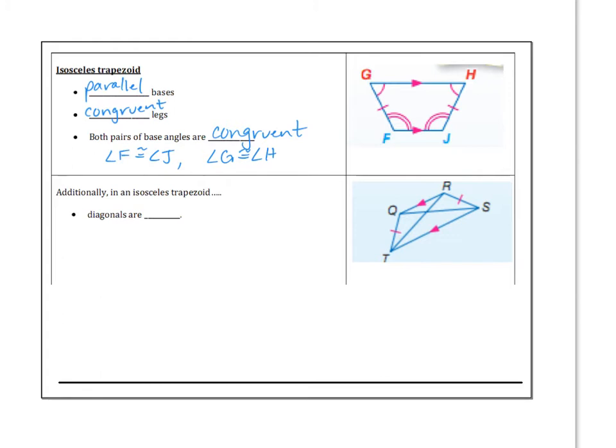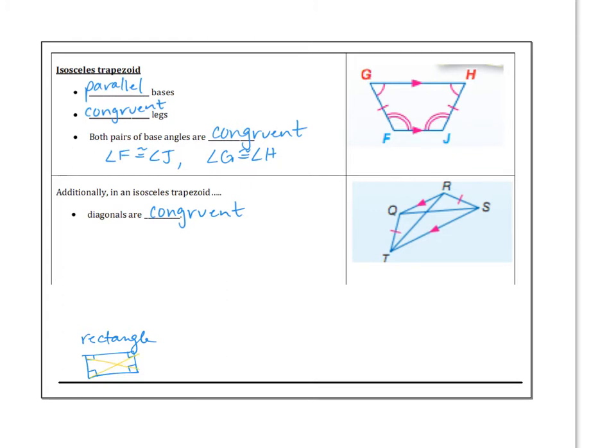Additionally, in an isosceles trapezoid, the diagonals are congruent. So we now have three shapes that have congruent diagonals. Remember the rectangle? In a rectangle, the corners were all 90, and the diagonals, remember across and across, those were congruent diagonals.